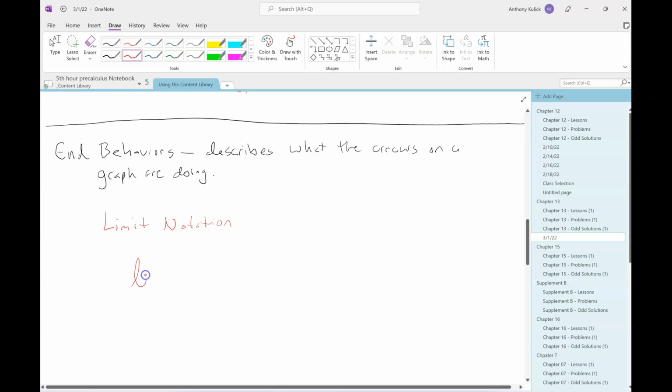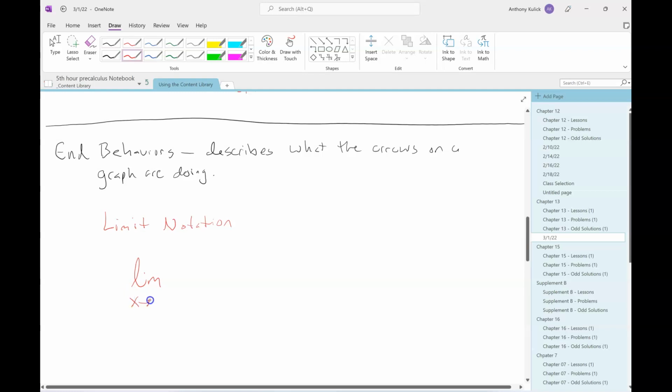So the way we're going to write that is we're going to write the letters LIM, and I usually write it cursive when I do that because the letter L looks a lot like a 1 and I don't want it to turn into numbers and variables here. I want it to look like a word.